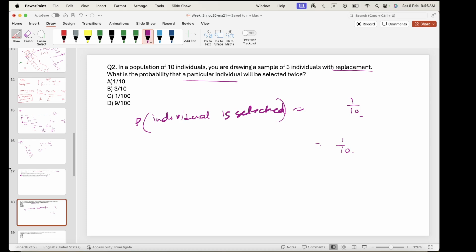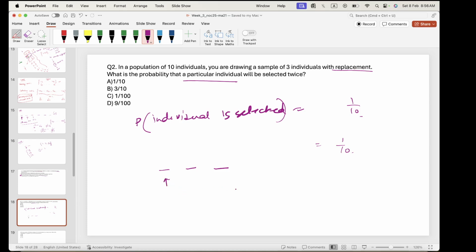In a population of 10 individuals, we are drawing a sample of 3 individuals with replacement. Probability that a particular individual will be selected twice. Okay, so at each go, I have three spaces, right?